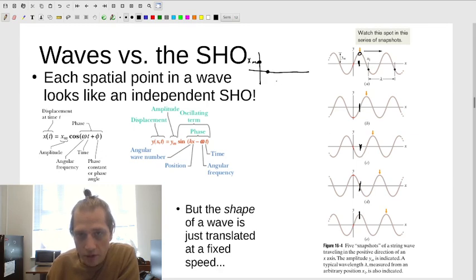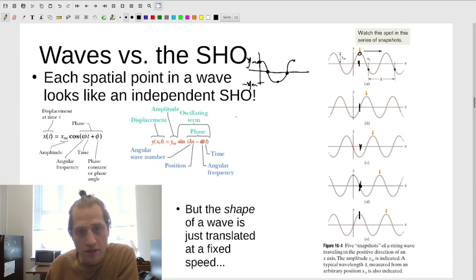Here it would be going through minus x max, or minus y max, I guess, in this case. And then here your string would be at 0. And then here you'd be back up to your max. So if you look just at that point, it's going up and down and up and down and looks just like a simple harmonic oscillator. And in fact, if you pick any individual point, that's going to be the case.